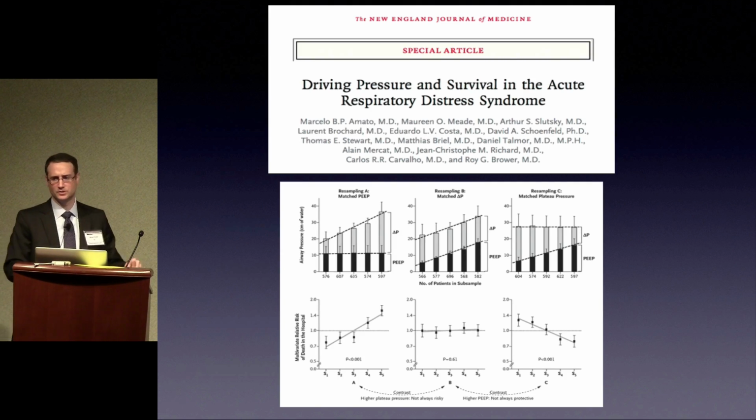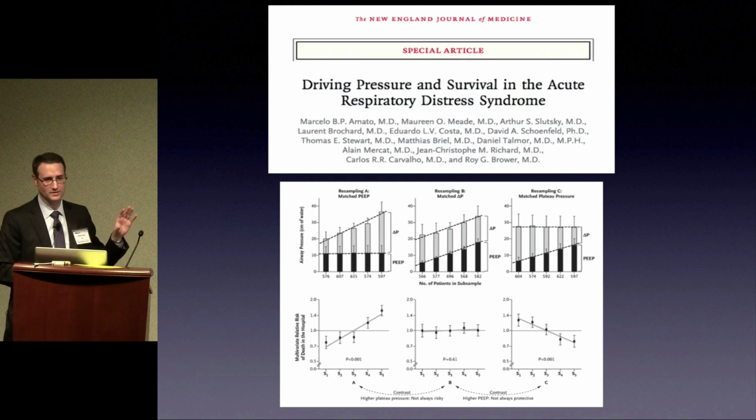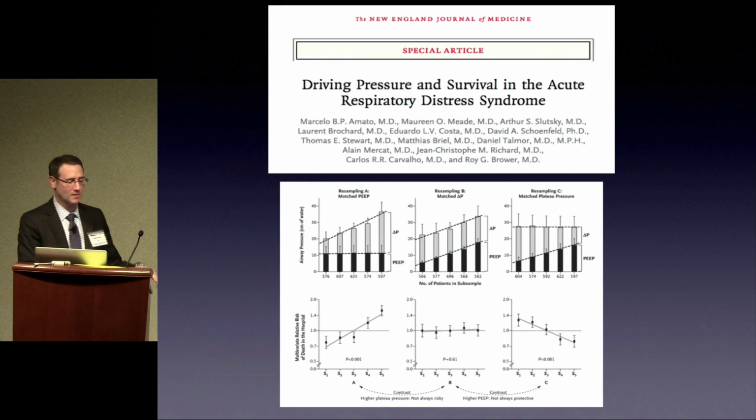So I think it was 2 years ago, we had the pleasure of Dr. Roy Brower come and give a long talk regarding the driving pressure and how that is related to survival in ARDS. I'm still not sure I understand all the statistics about how they came up with this, but the physiology makes sense that if you can adjust your PEEP in a way that limits the driving pressure, then you're essentially getting optimal PEEP.